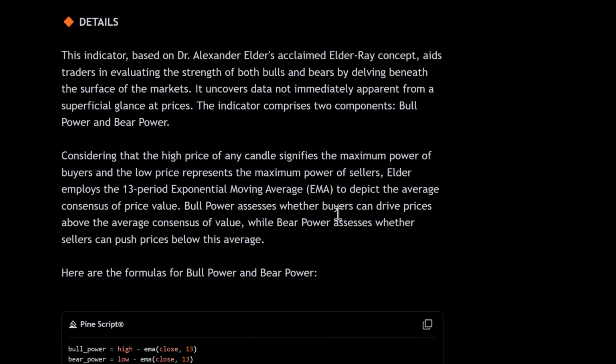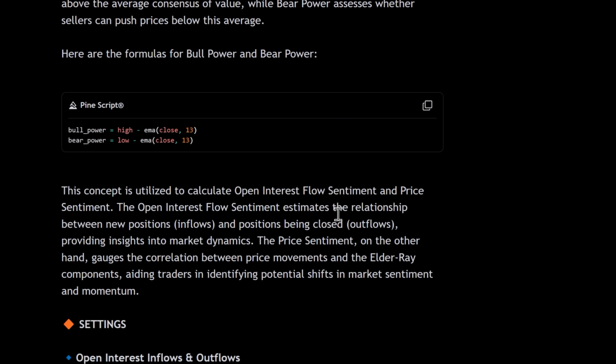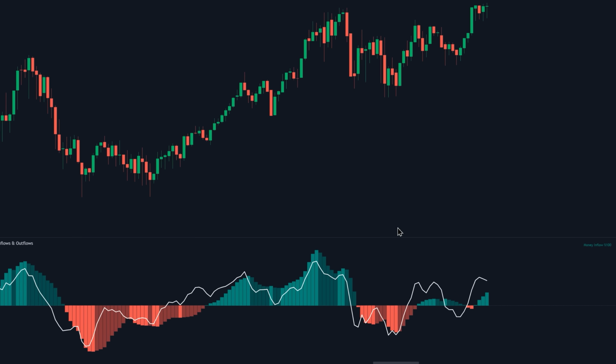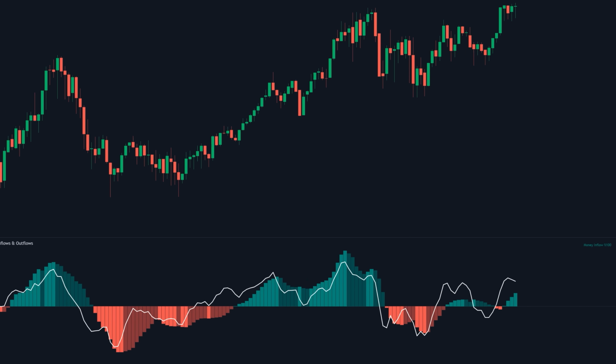The bull power assesses whether buyers can drive prices above the average consensus, while the bear power assesses whether sellers can push prices below the average consensus. This concept is utilized in calculating the open interest flow sentiment, this histogram, as well as the price sentiment, this white line. Essentially, with these two features, we will be able to identify potential shifts in market sentiment and momentum.